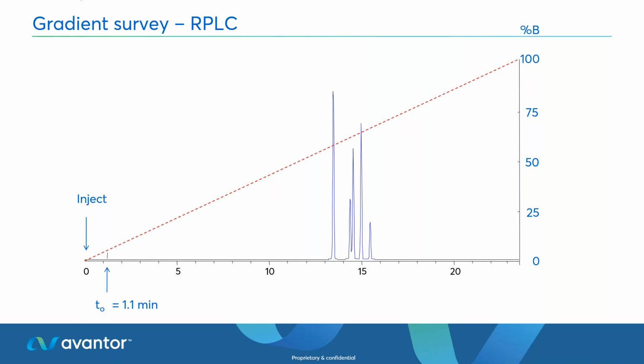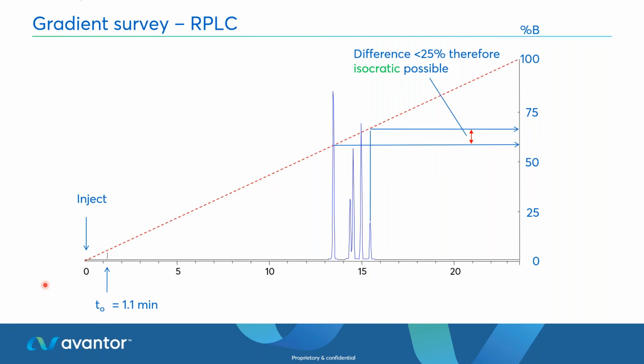What I want to do is look at where the first peak and the last peak elute and how big a difference there is in the percentage B between them. You can see here it's clearly smaller than 25%. So this is less than 25%, and that suggests that we could actually run this isocratically and get a better separation.